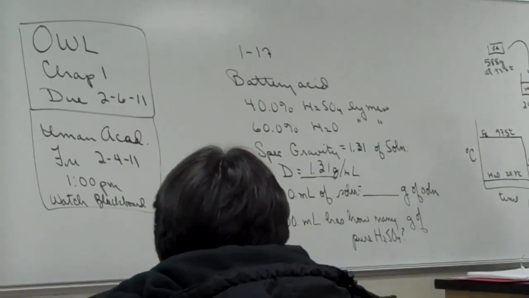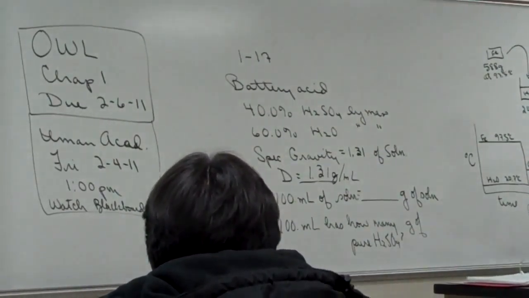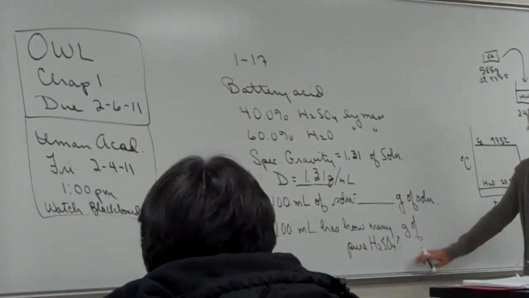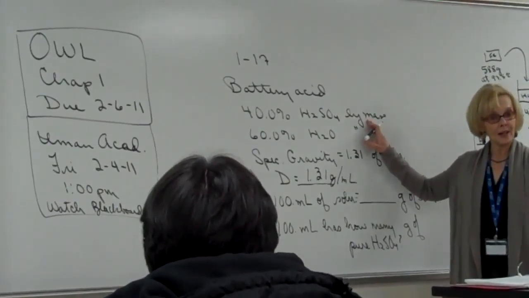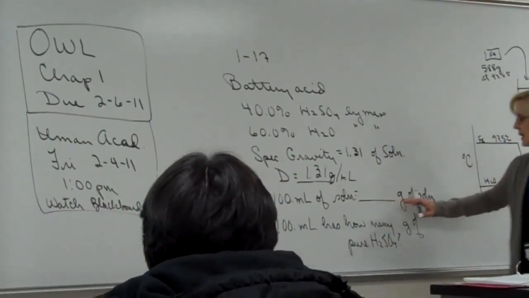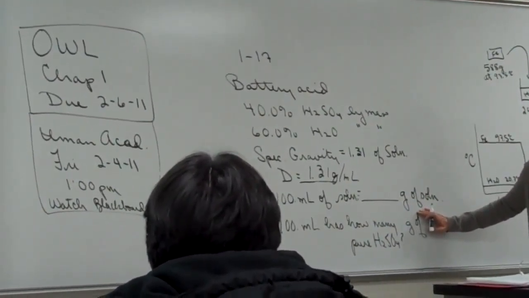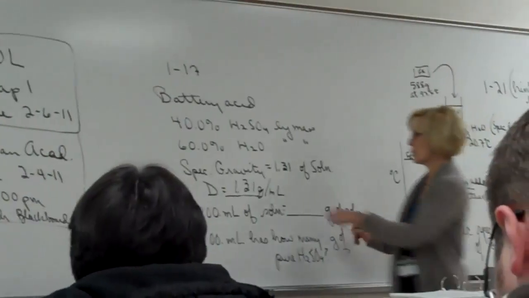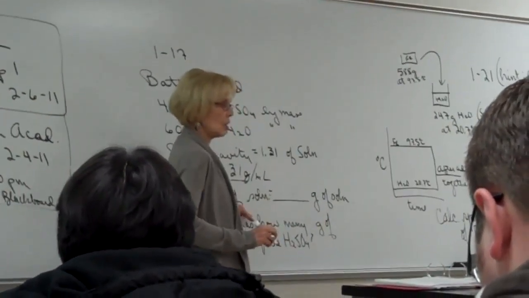Okay, so I have 100 mils of solution. If I'm ever going to do that percentage problem, because it's by mass, if I've got the volume of the solution, I can get the grams of the solution. So what's our plan? Emily, what would you do to go from here to here?